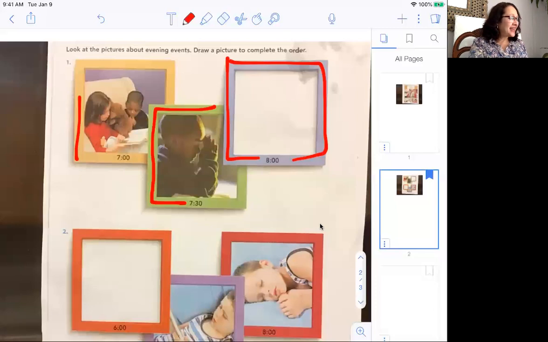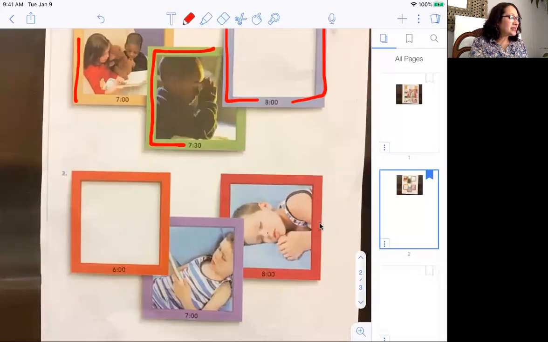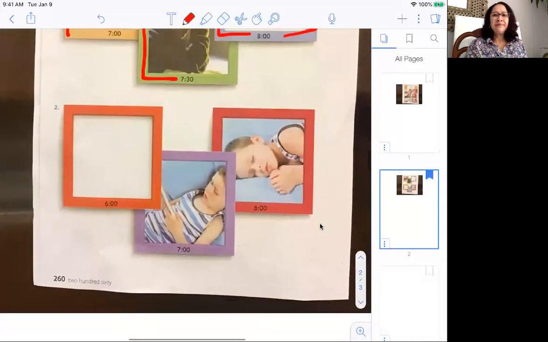Okay? And then number 2, it's the same thing. But let's take a look. The event order is kind of going backwards. Like they started, look. So 8 o'clock, see what they're doing? He's doing 8 o'clock, and then 7 o'clock, and then the one that's blank is 6 o'clock.